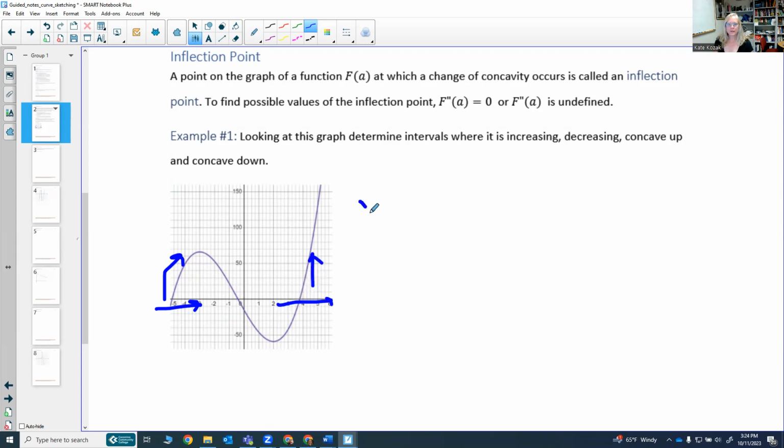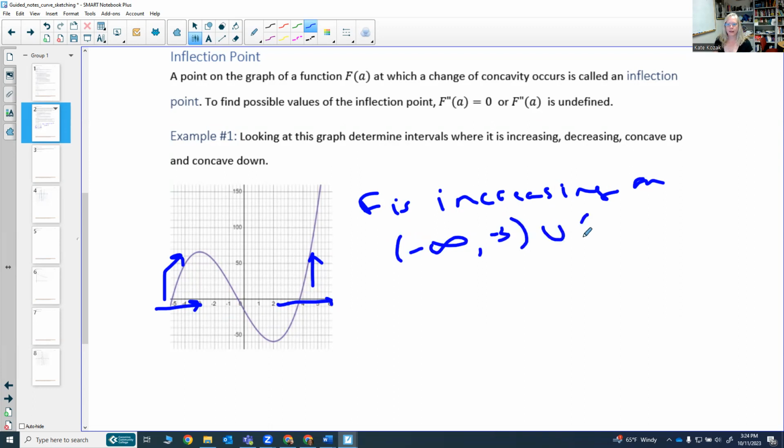So the graph is increasing, so f is increasing on the interval from negative infinity to -3, union the interval from 2 to infinity. The graph is going down from about -3 to about 2, so the function is decreasing on -3 to 2.